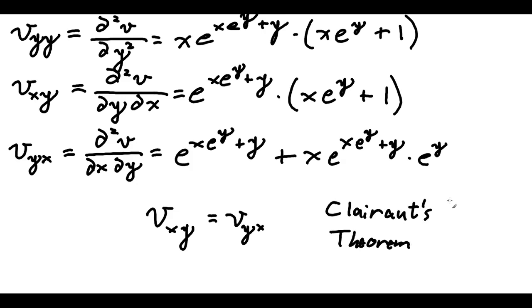Clairaut's theorem basically tells us that if all of the second partial derivatives of a function are continuous, then the mixed partials must be equal. And now there is a condition there, right? So we don't want to apply that willy-nilly. But this can often be useful. This is frequently useful. There are several times throughout this course where we will see that come in handy.